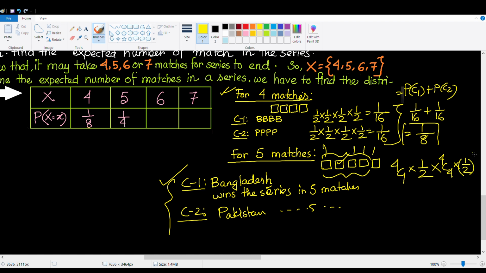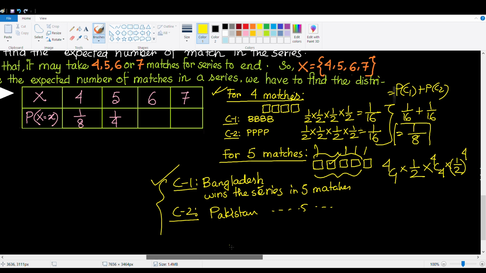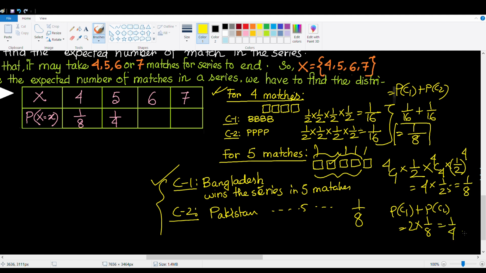So the power would be raised to 4, right? So the probability is 4 times 1 by 2 to the power 5, which is 1 by 8, right? So similarly, the probability for Pakistan to win the series in 5 matches would be 1 by 8. Therefore, P of C1 plus P of C2 would be 2 times 1 by 8, which is 1 by 4. So we have already put this probability here.